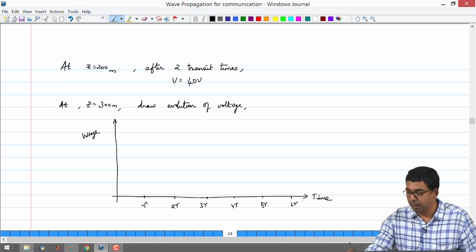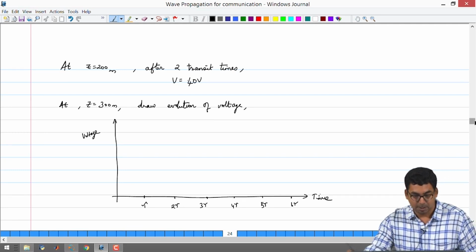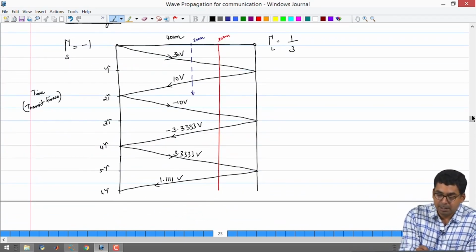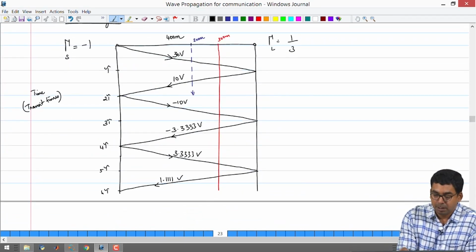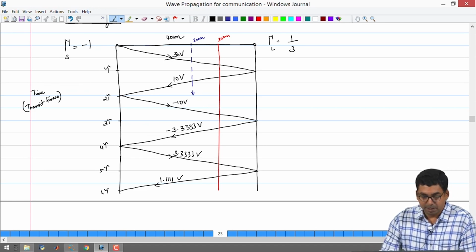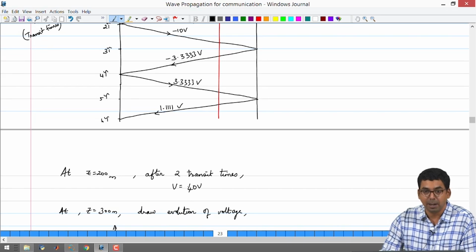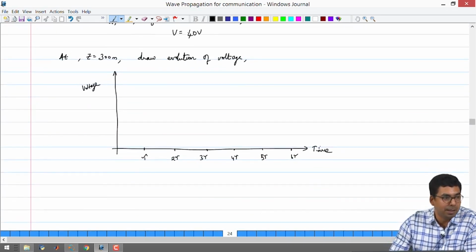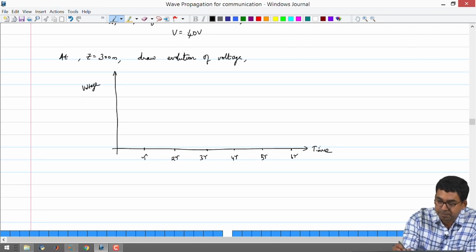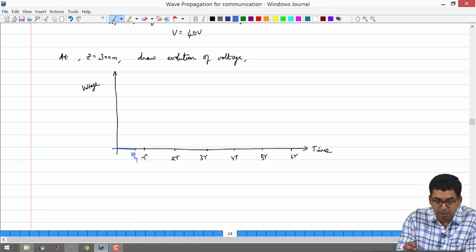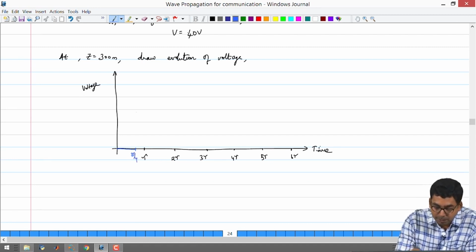So we can look at this diagram and then say that the incident voltage is going to reach this point at some instant of time, and that is going to be 3/4 of your transit time, because it is 300 meters out of 400 meters. So till then the voltage will be 0 there, and once it reaches 3/4 of a transit time, the voltage will go up to 30 volts, which is your incident voltage.